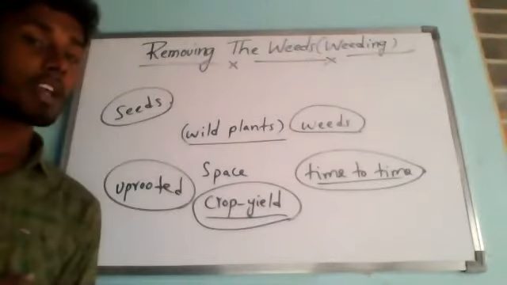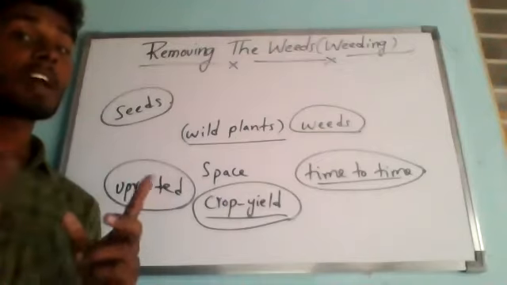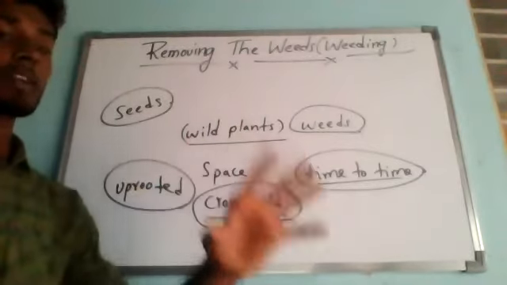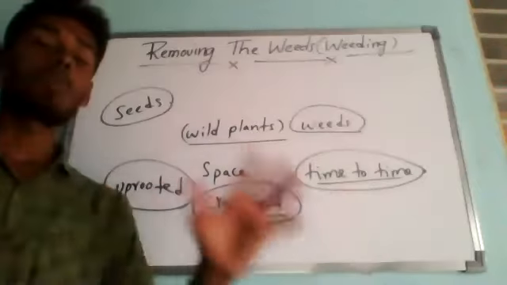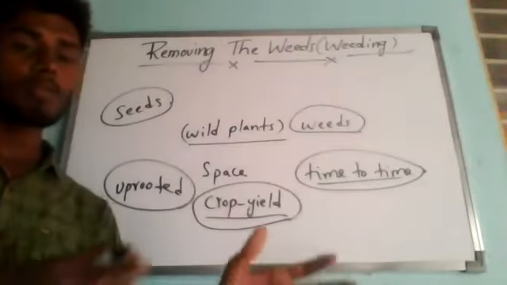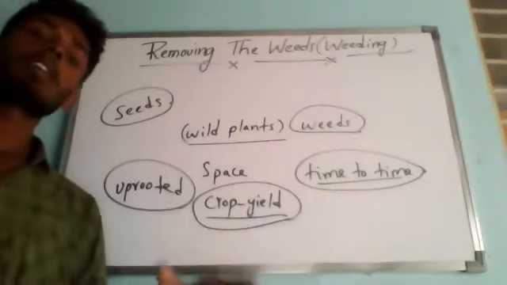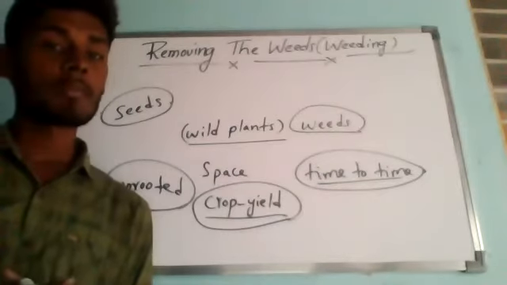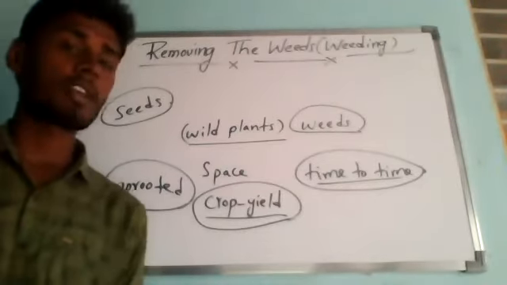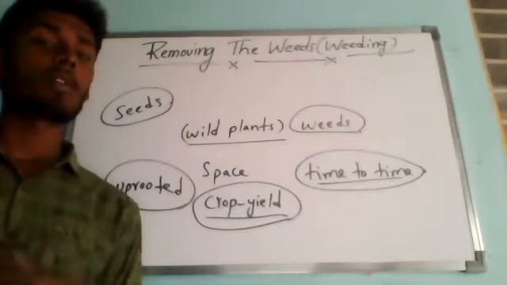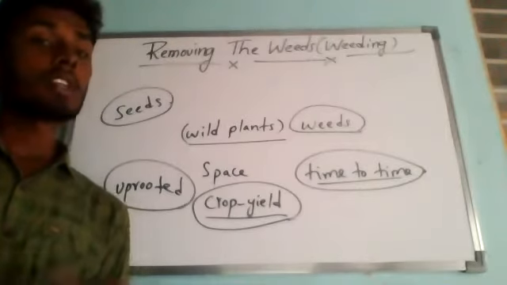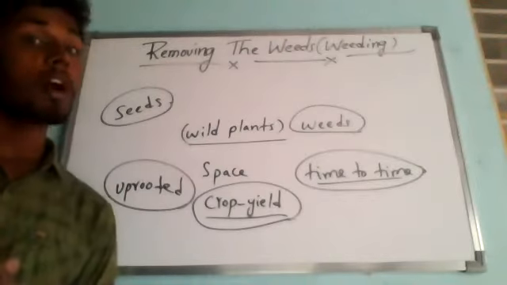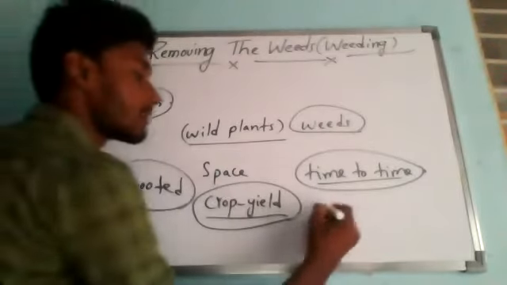That is the reason why the type of weeds varies from field to field. You cannot expect the same kind of weeds everywhere throughout your area. Even if two fields are side by side, you can observe different kinds of weeds from one field to another, because there are hundreds of different types of weeds from area to area. The type of weeds varies from field to field, from crop to crop, and from season to season.